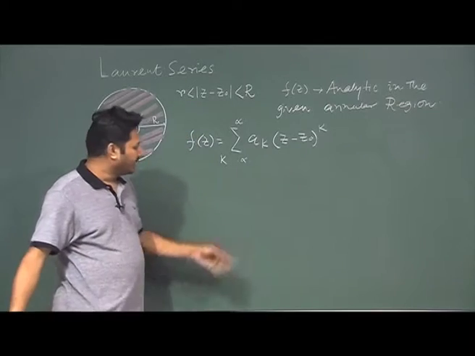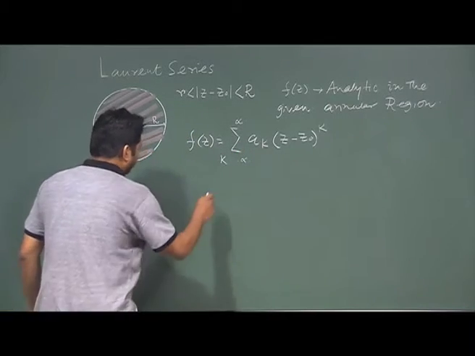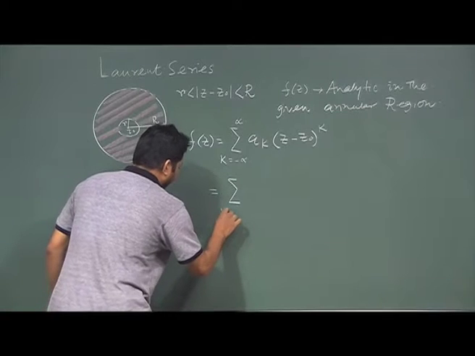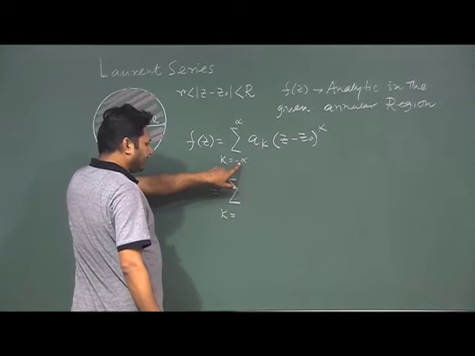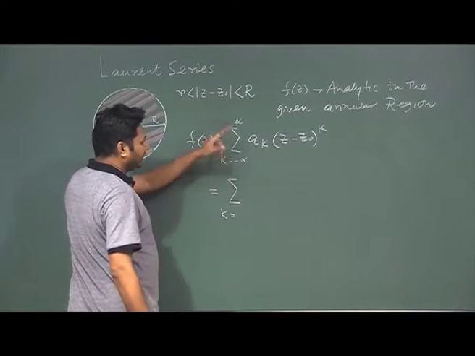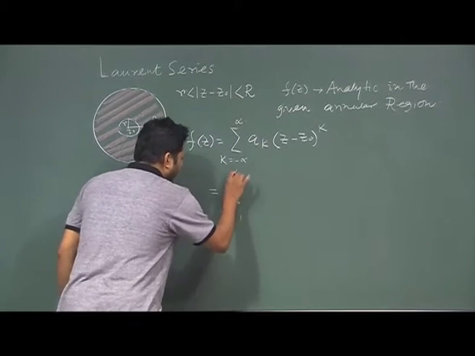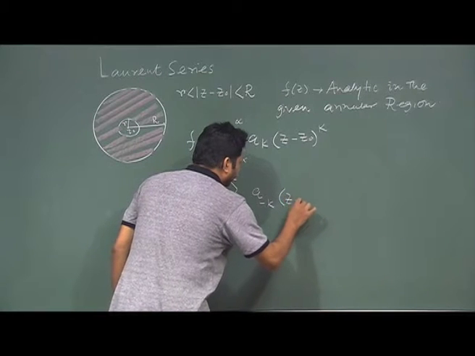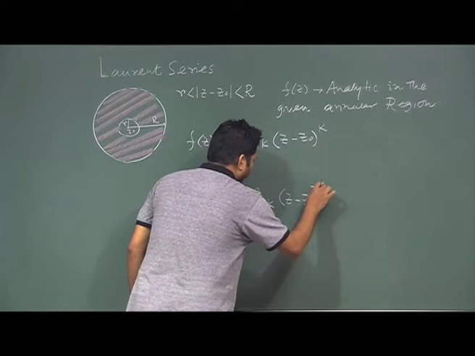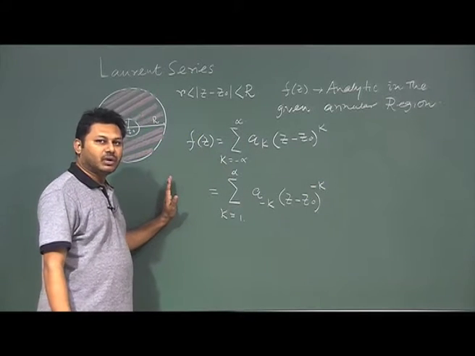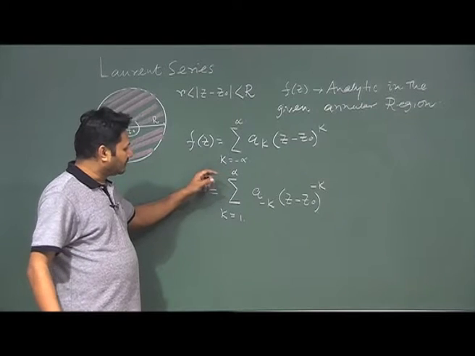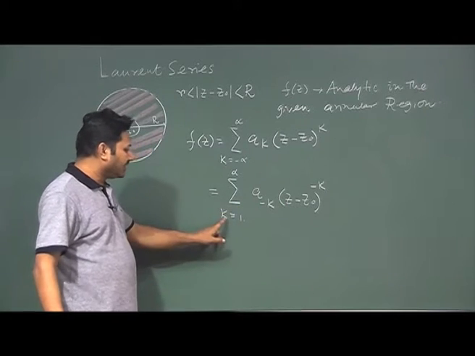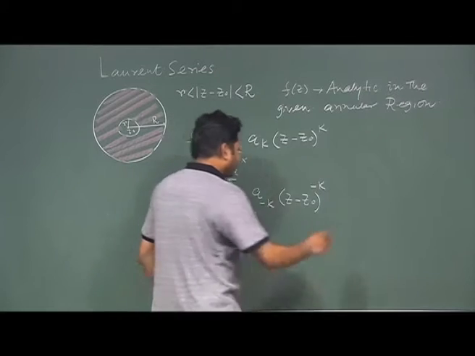If I now divide this into two parts, I remove the negative sign of k and write the negative part as the sum from k equal to 1 to infinity of a_(-k) (z - z0)^(-k). I write the negative portion, whatever is having negative k, in this way, by just changing the sign.